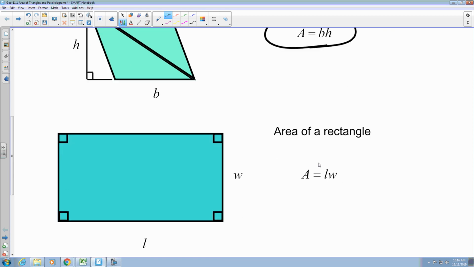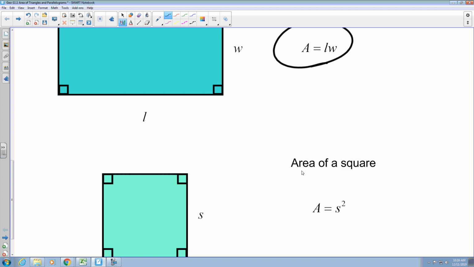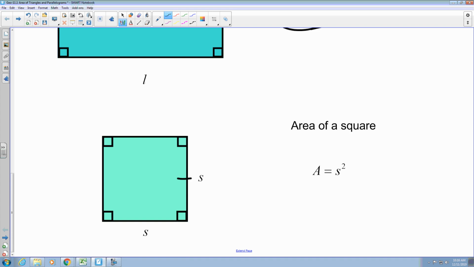If you took the area of a rectangle, which is still a parallelogram, more specifically, they call it length times the width. That's still essentially base times height in that case. If you had a square, which all of these sides are congruent, you're just going to take whatever the side is squared.